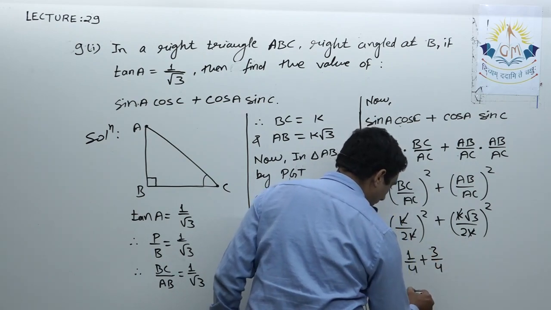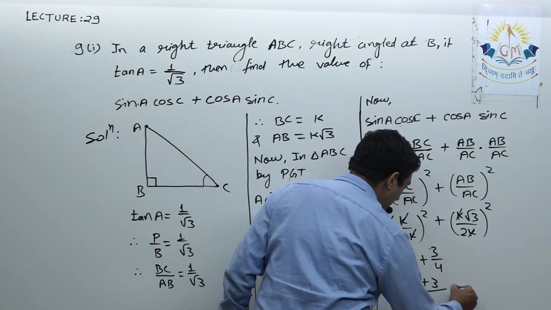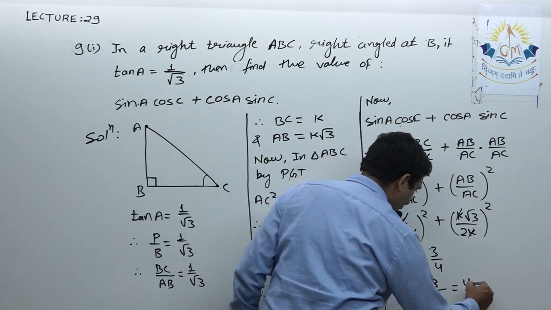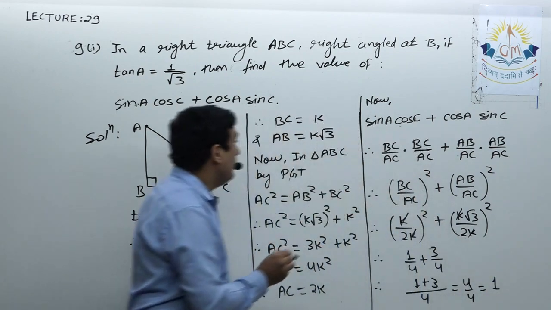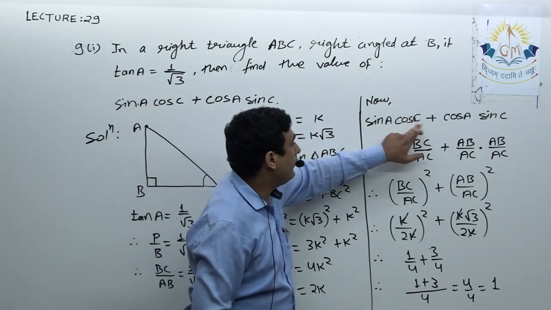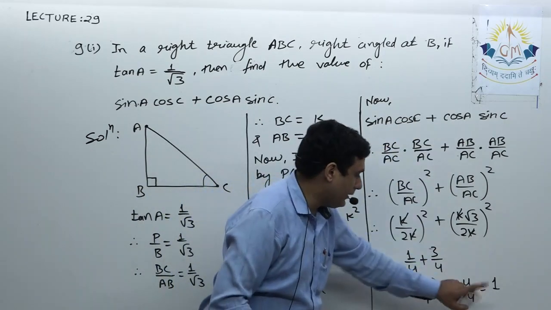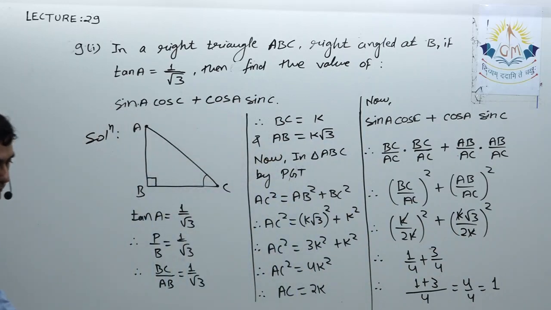If I take LCM, that will be 4, here it is 1 plus 3, that is 4 upon 4, ultimately it is equal to 1. So the value of the given expression, sin A cos C plus cos A sin C, is equal to 1. So please note it down, then we'll see the next question.